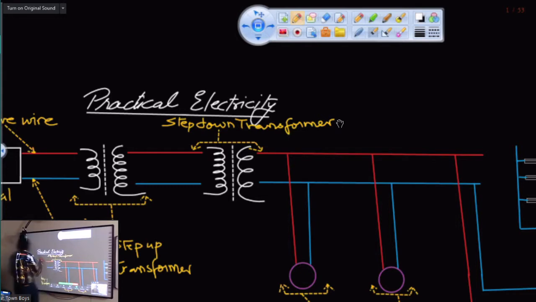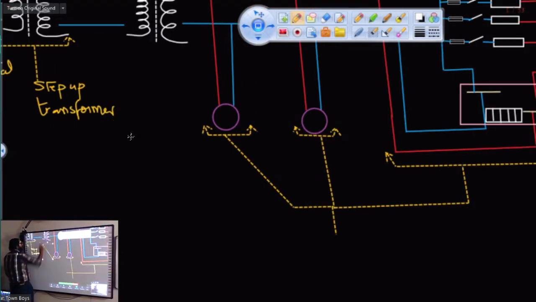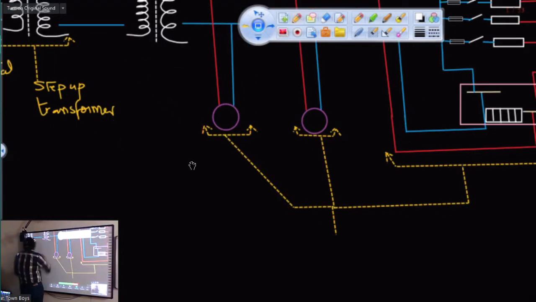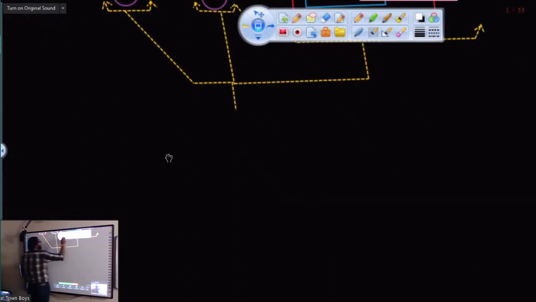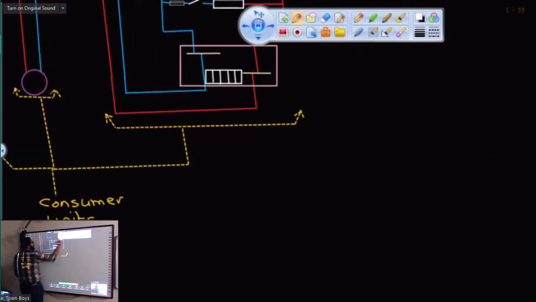Then over here, these are the consumer units. And this very image, the diagram, it's an elaborated formation of a consumer unit.